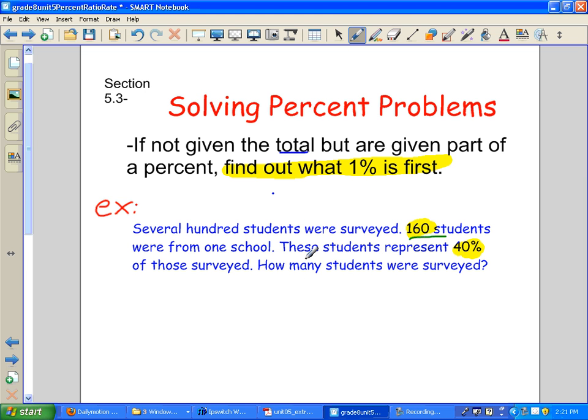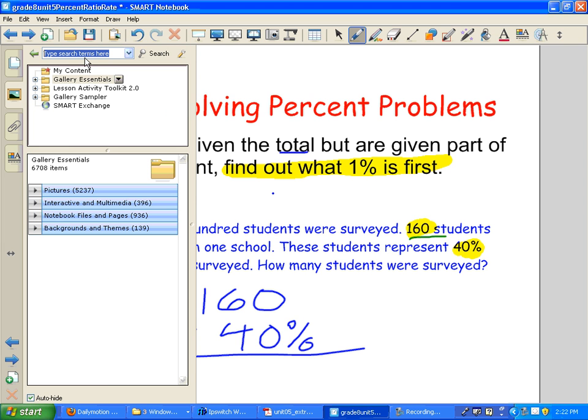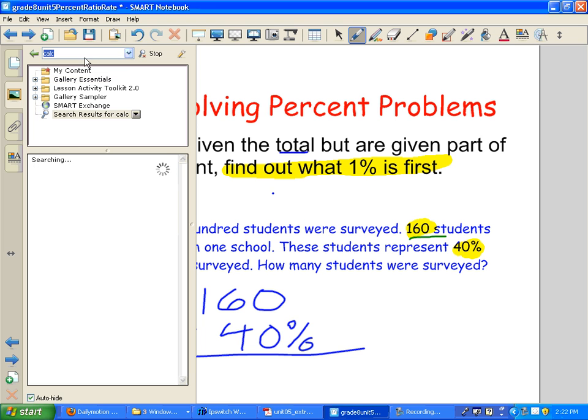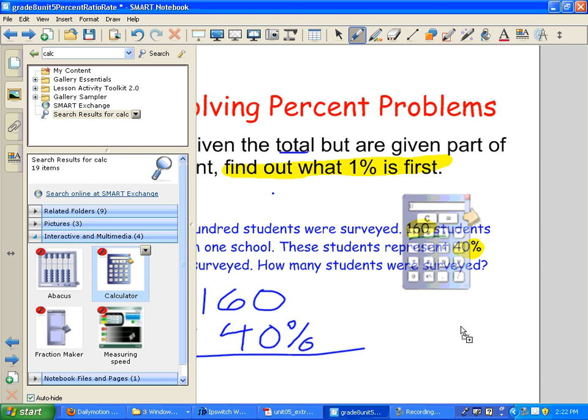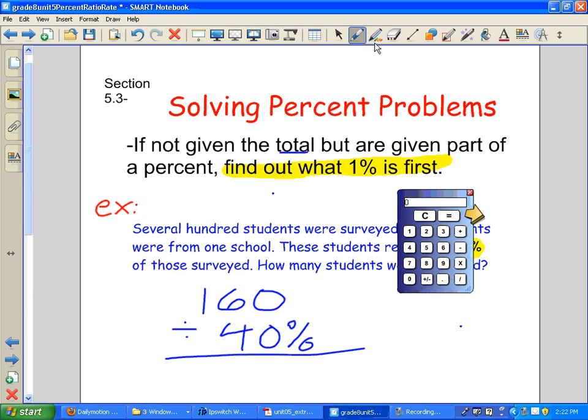So what you do is you take your total number of students, the 40%, which is 160 students, and you divide that by the percent. So we're trying to calculate just 1%. So I take 160 using a calculator, and I will divide that by 40.